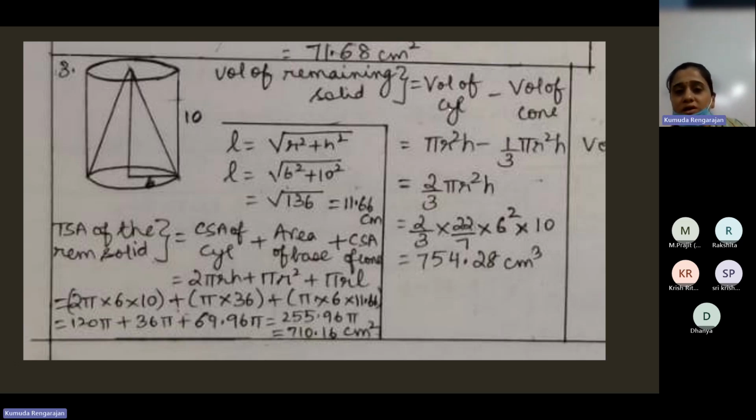So volume of the remaining solid is volume of the cylinder minus the volume of the cone. Pi r square h minus 1/3 pi r square h. Since both the cylinder and the cone have the same radius and same height, you can use the same letters r and h, and so you can subtract: 1 pi r square h minus 1/3 pi r square h is 2/3 pi r square h. 1 minus 1/3 is 2/3.